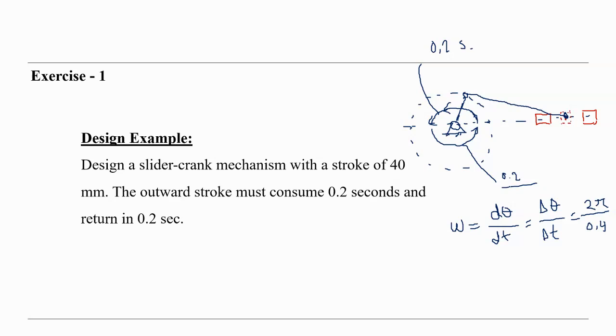Later on, we can also calculate the tangential speed, but we will not get involved in the issue of velocity. We know from this exercise that 180 degrees will be used for the advance stroke, and 180 degrees for the return stroke.